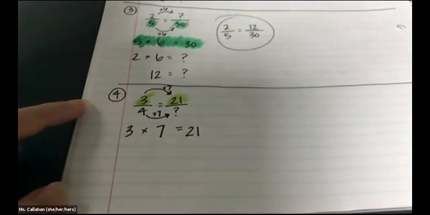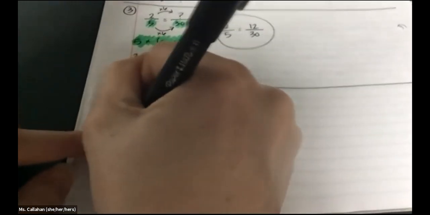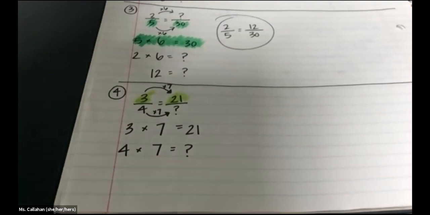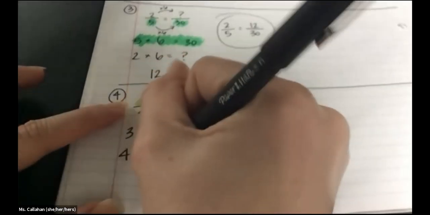So now that I know that the rule is times 7, I know that I can multiply my denominator by 7 to find the second denominator, right? So now I've got 4 times 7 equals question mark, right? And 4 times 7 equals 28. So 28 equals question mark. So now I can plug it up. Oh, and I forgot. Sorry, guys.